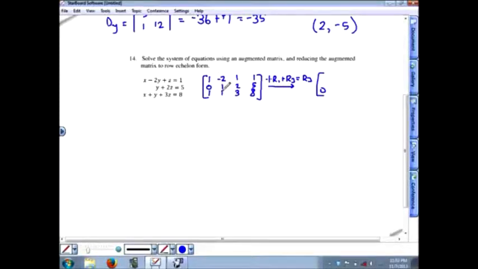Negative 1 times row 1 here is 2. 2 plus 1 is 3. Here negative 1 times row 1 is negative 1 plus 3 is 2. Negative 1 times row 1 here is negative 1 plus 8 is 7. That's all that's been affected so far.